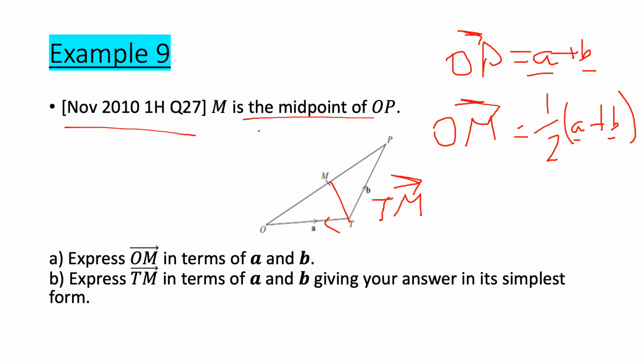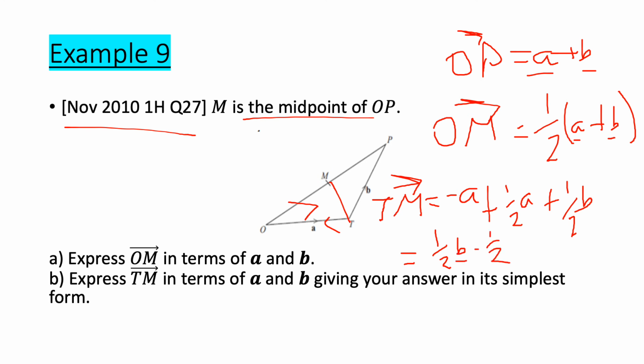So it's minus A plus OM, which is plus a half A plus a half B. So the answer to this, guys, ends up being a half B minus a half A. If I want to factorize it, which doesn't really matter, I can put it as a half brackets B minus A. So that is my answer there.